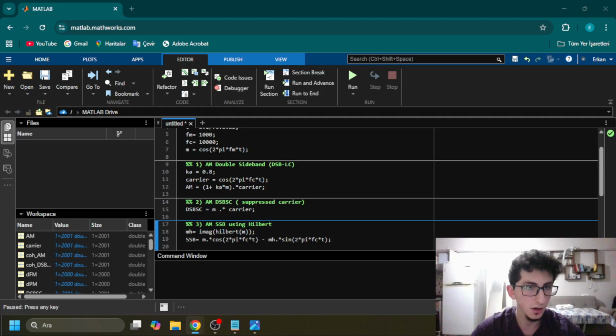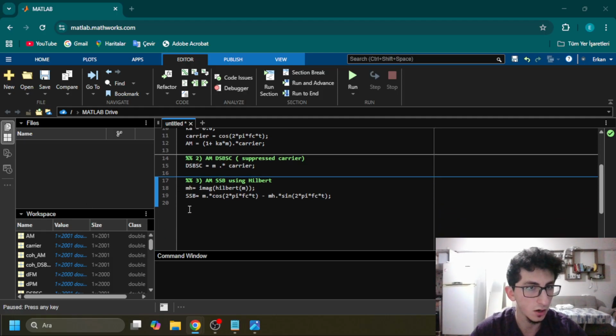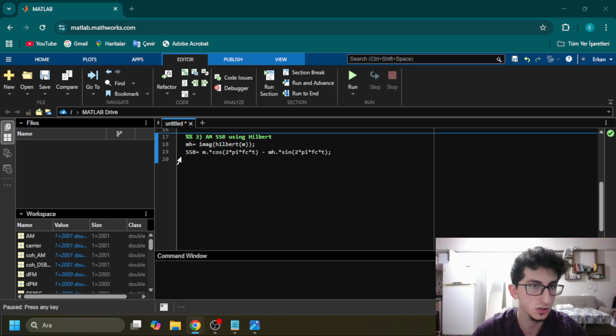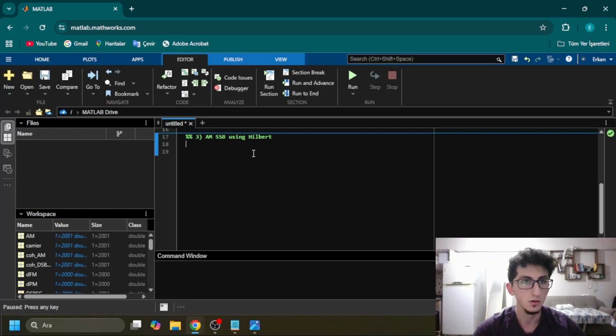So we have defined our third step, or we can also say the third step of AM modulation. So it will be like that.